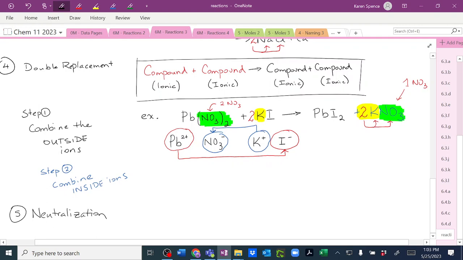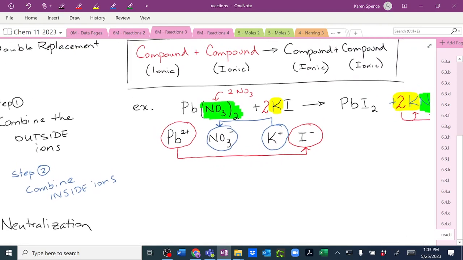Neutralization. This one's a little more specific. We can't just say it is still compound plus compound gives compound plus compound, but there's specific types of compounds. Do you guys know what they are?